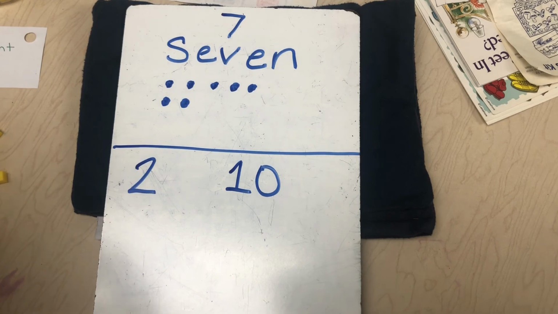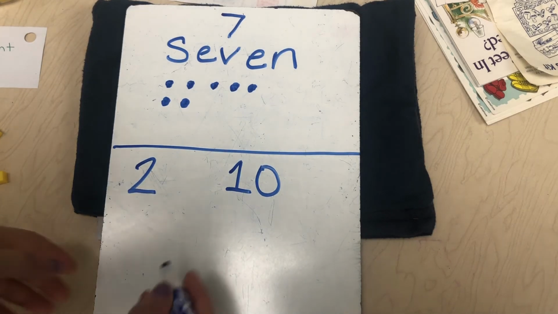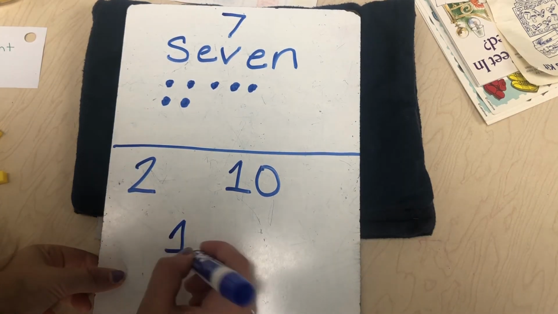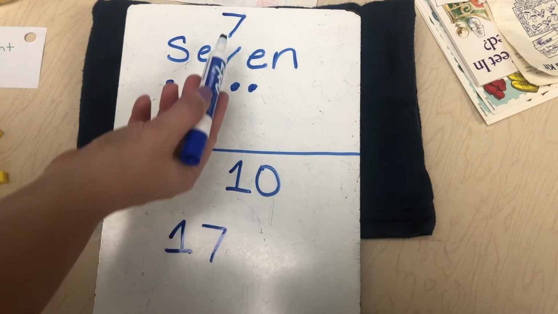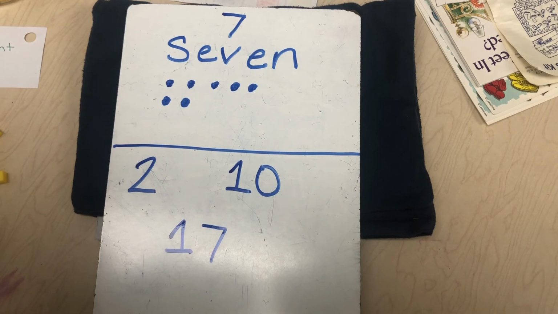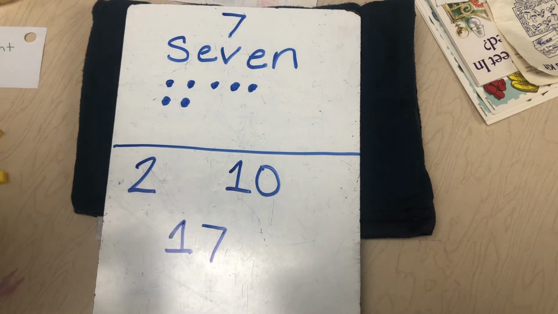Please write the number 17. And you can talk about how the 7 is the same as the 7 right here. It just has a 1 in front of it. 17 is in the teens. You can pause the video and give yourself time to write all of this.